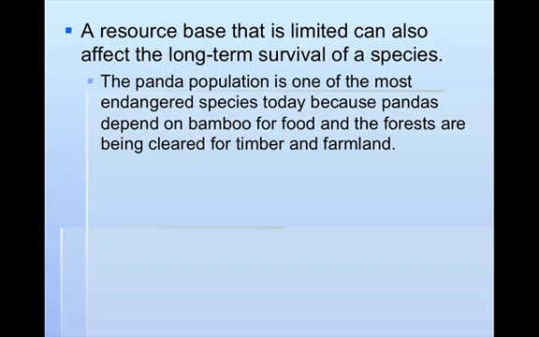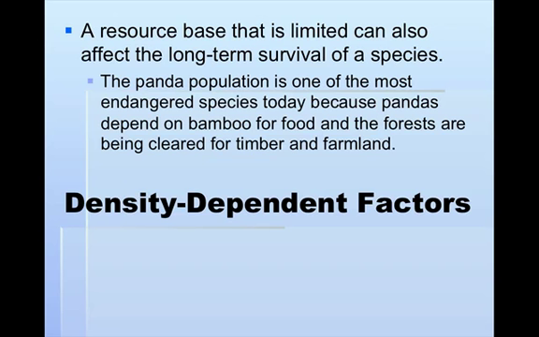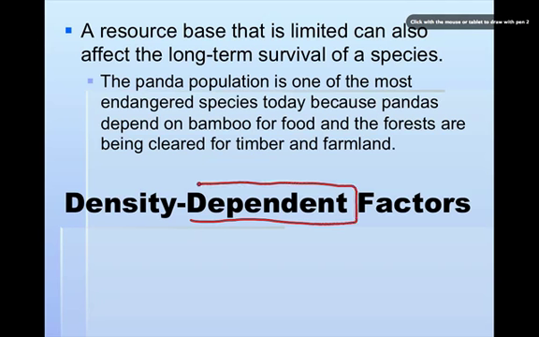There are 2 types of limiting factors. The first type is a density-dependent factor. Once again, you see that word dependent, and that's one word we've used before when we talked about the scientific method.